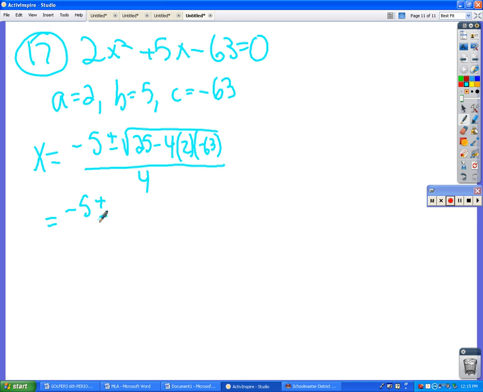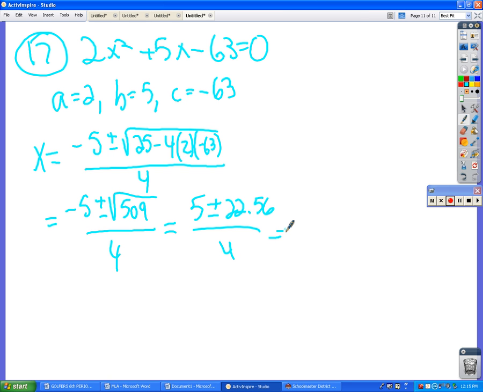So 25 minus 4 times 2 times negative 63 comes out to be what? 509. Thank you. And as predicted, this is kind of an icky one because the square root of 509 is not a whole number. It's 22.56. So this is going to be 5 plus or minus 22.56 divided by 4.